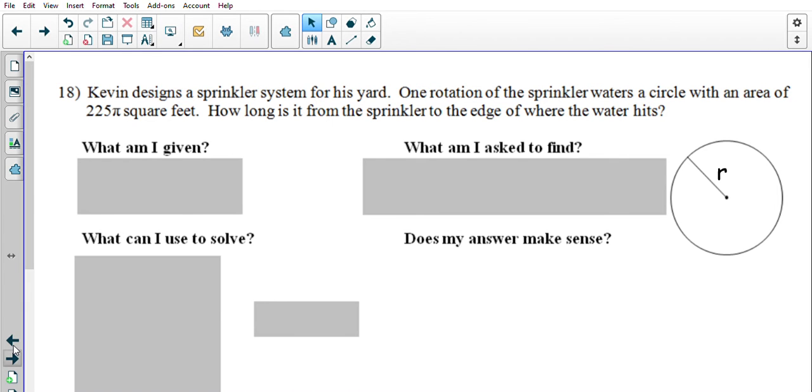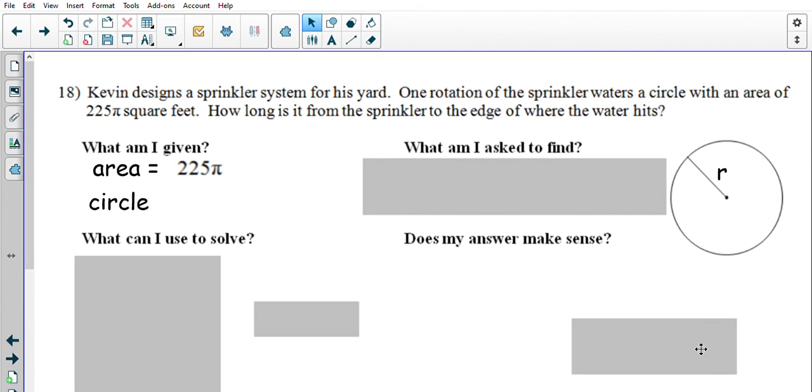One rotation of the sprinkler waters a circle with an area of 225 pi square feet. How long is it from the sprinkler to the edge of where the water hits? So let's think about what we're given. Well, we're given a circle because we have a picture here, plus it even says we're talking about watering a circle.